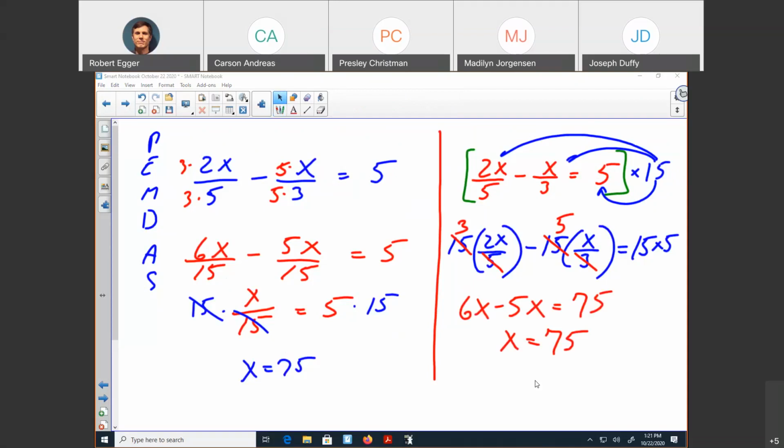I'm not going to tell you how to do it, but people have preferences. People gravitate towards a specific way of doing something. And these are two options. We can either work on the left side with a common denominator and at the end multiply through by the denominator, or over here, multiply by the common denominator first and get rid of the denominators.